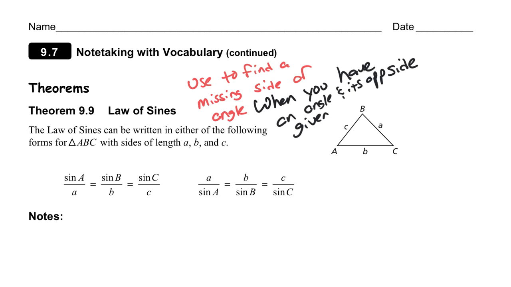So if you have an angle and its opposite side, and they're both given to you as values, you can find another missing side or angle.